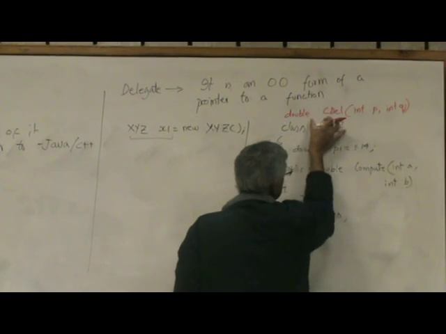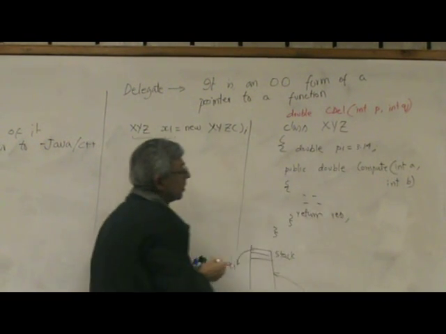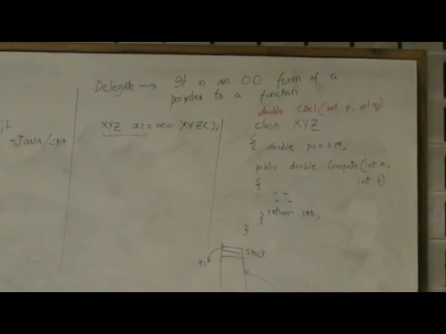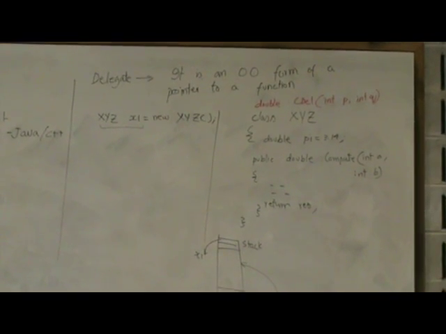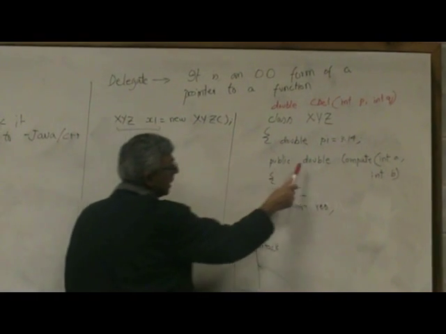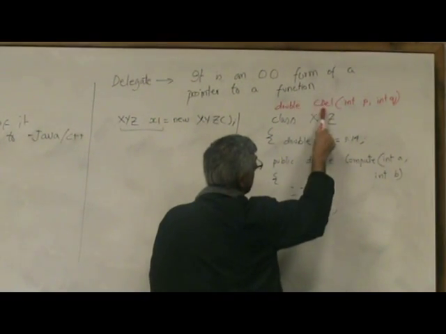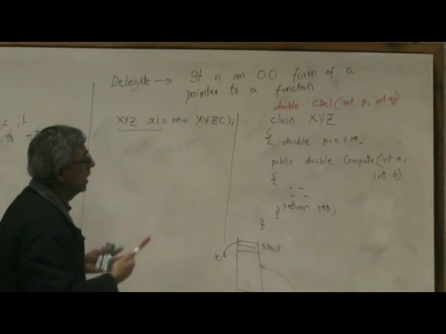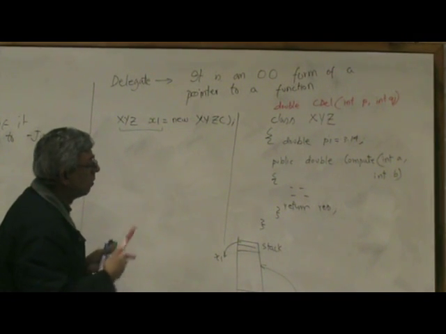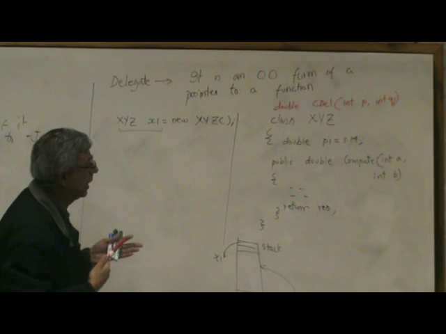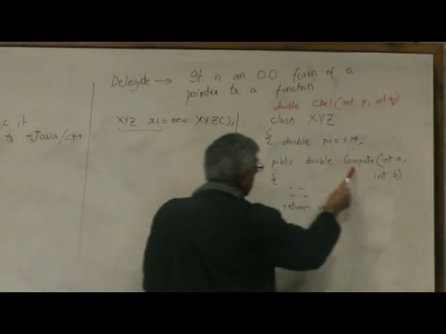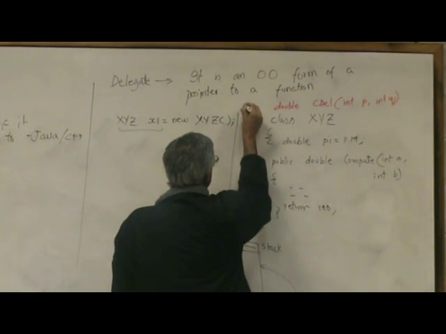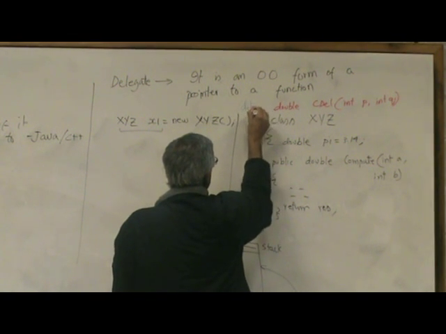I'm trying to match the signature of the function that we are interested in pointing to. Once the signature matches, we can call it anything we feel like. We don't have to call it CDEL. We can call it MyDel or MDEL or CompDel, whatever you feel like. Anyway, the last thing you need to do is, just before it, add the keyword delegate.